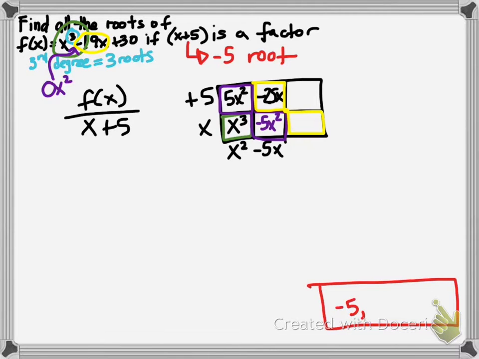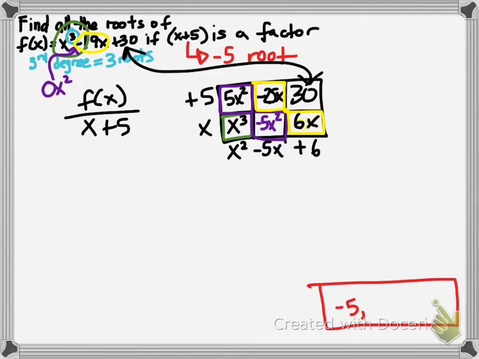So if I have negative 25x, what do I need in order to make negative 19? I need 6x. Let me write that in black. It's hard to see it. There we go. That means this has to be a 6, and that means that this is 30. Now, if I look, 30 matches, which it should, because they told us that x plus 5 is a factor. That means it has to divide equally.